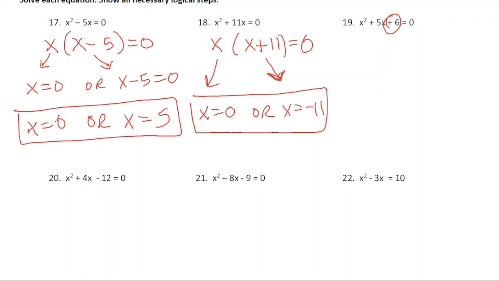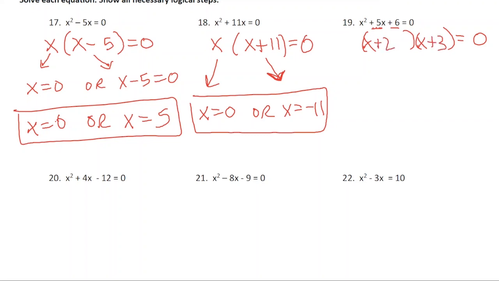Number 19, now this we do have a constant, so we're going to have to factor it like we did a couple days ago when we went over this. So we know we're going to have two binomials whose product is 0, and the leading coefficient is 1. So we just need to figure out two numbers whose product is 6 and whose sum is 5. Those can be 2 and 3. So we get x plus 2 and x plus 3.